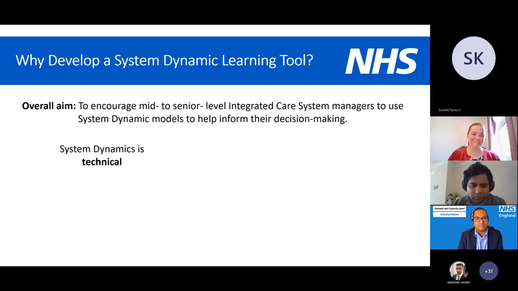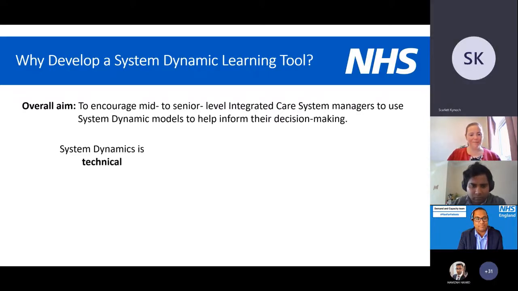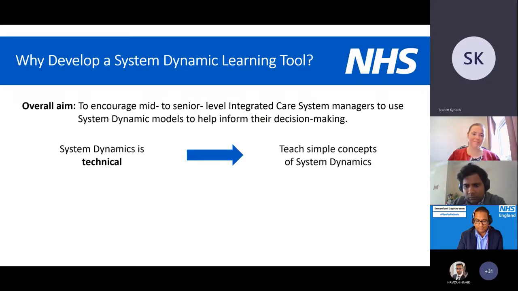So, the elements I want to incorporate into the learning tool. Firstly, system dynamics is very technical. It's a very complicated topic to grasp. And therefore, I thought it would be very useful, because it helps rationalise why system dynamics is beneficial, to demonstrate some of the simple concepts of system dynamics in this learning tool.